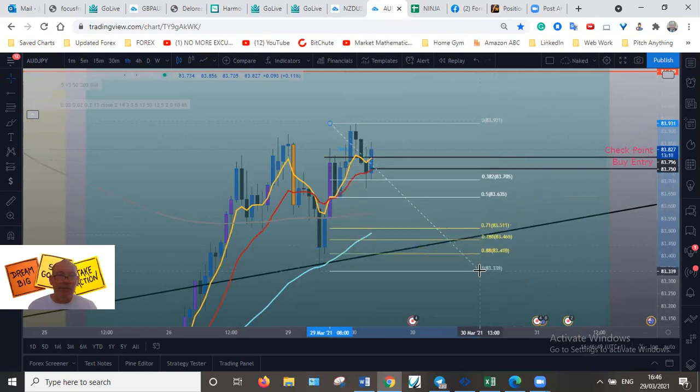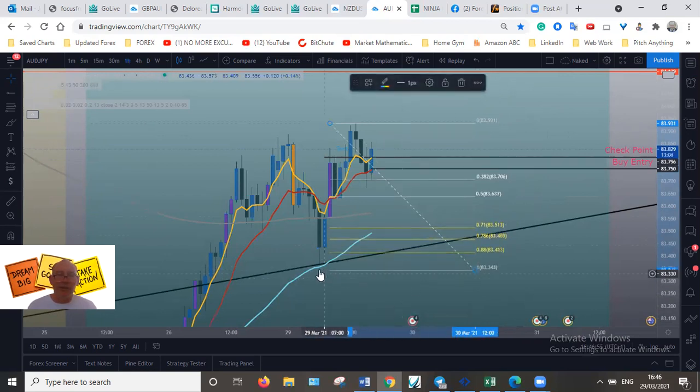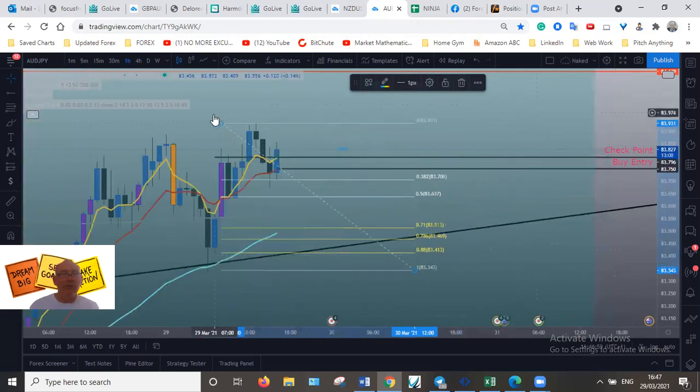You see here, on the bottom there, and on the top there. So it went from the bottom to the top, and it retraced into this area here, 38 and 50. And it's now on its way back up.